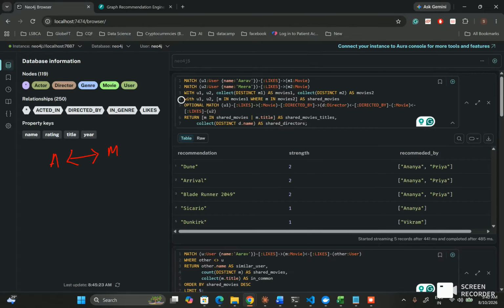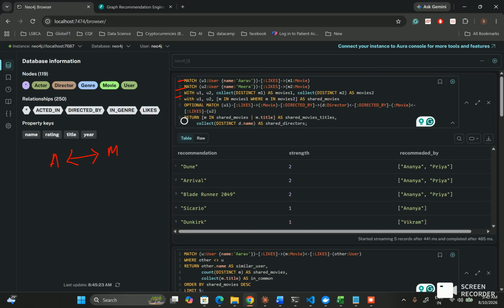Now the first two lines separately find every movie Arav likes and every movie Meera likes. Two independent lists, nothing compared yet, right? Now this third line bundles each person's scattered results into one tidy list per person.